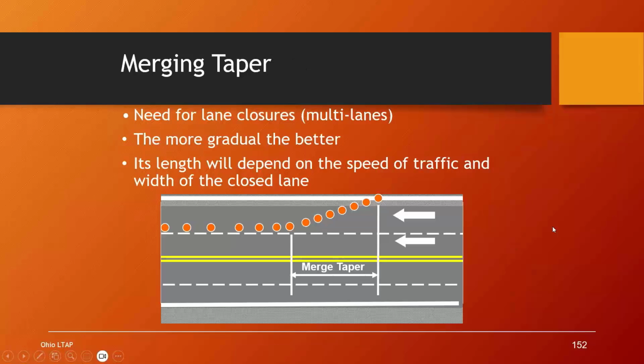So this picture depicts a merging taper, where it's a lane closure, and it's gradual. That's why it's long, because it needs to be gradual, and the length needs to depend on speed.